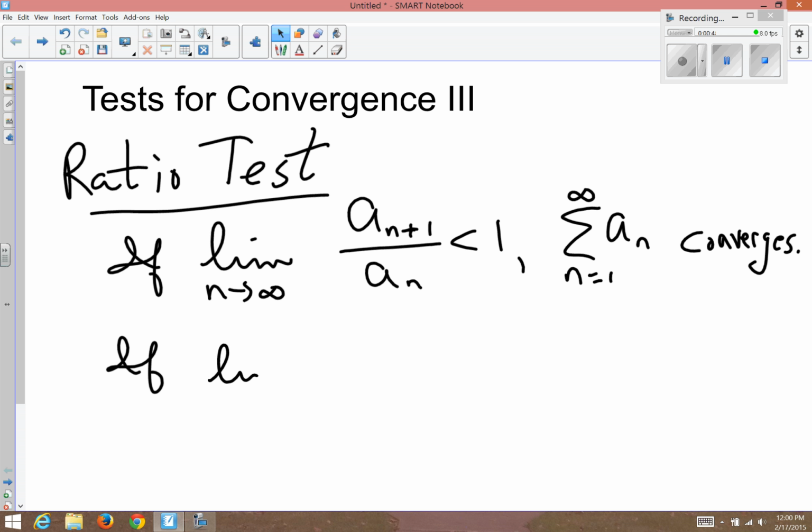If the limit of the n plus first term, that's a sub n plus 1, over the nth term as n approaches infinity is greater than 1, then the series diverges.